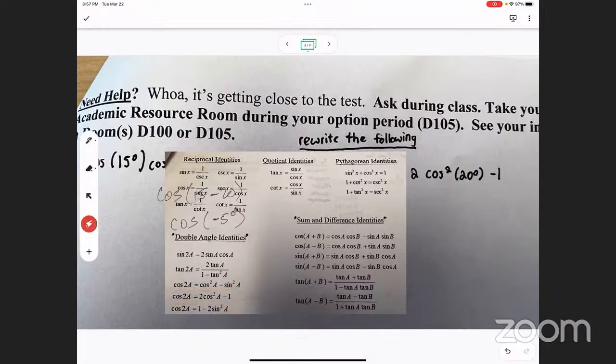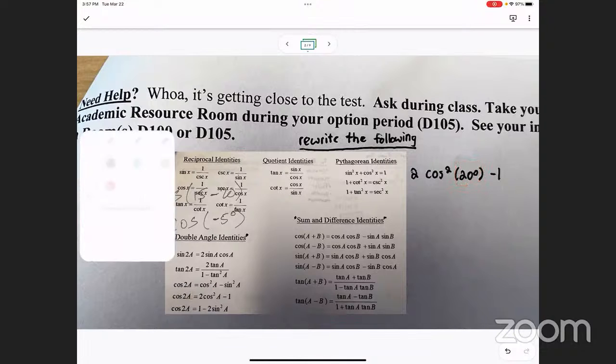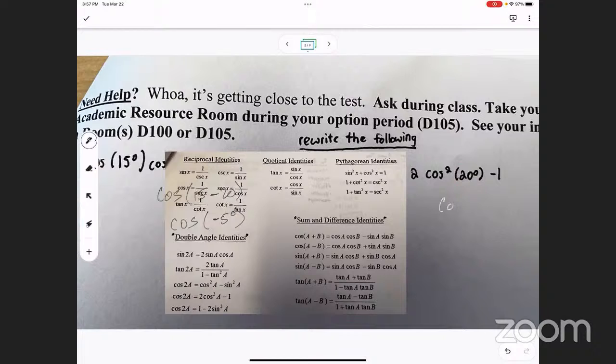So it's the same as the cosine of 2 times whatever A is, and A is 20. Make sense? That's the one that it looks just like. So he's substituting A in, and A was 20. So that equals the cosine of what? Cosine of 2 times 20, which is the cosine of 40. And that's your answer, cosine of 40.